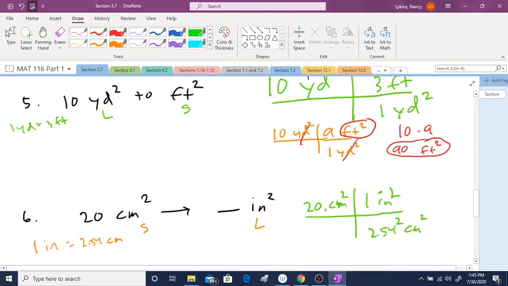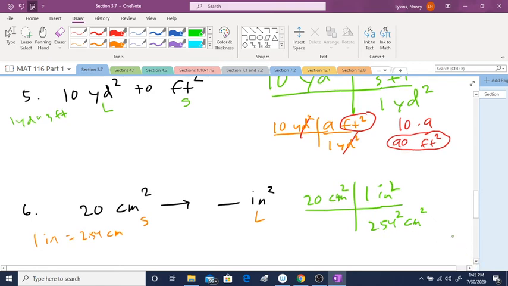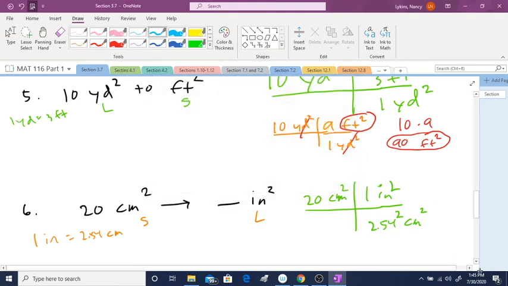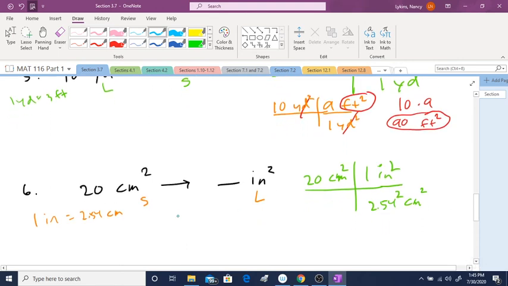So on your calculators, what you want to do is hit 20 centimeters squared divided by 2.54 centimeters squared. And I'll make one other side note on your calculators. If your graphing calculator or some of our scientific calculators, if you do 2.54, there's a little caret mark. So usually on your right side, you put 2.54 squared.